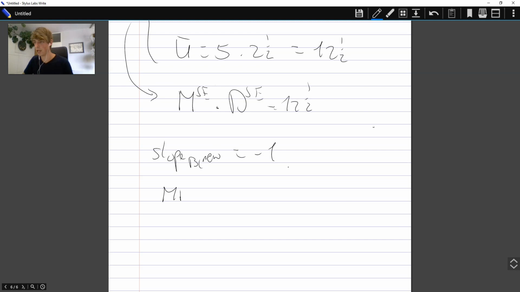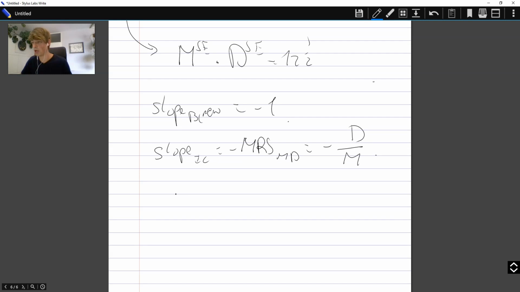And the MRS, I should write, the slope of the indifference curve is as before, minus d over m. So we know at that point that d over m equals 1 or d equals m.